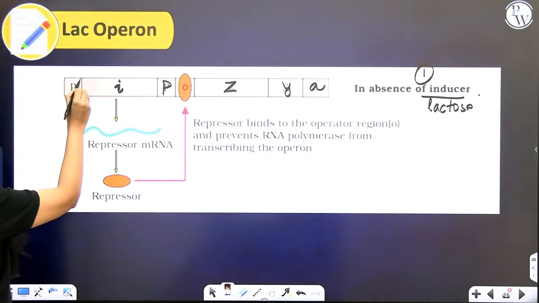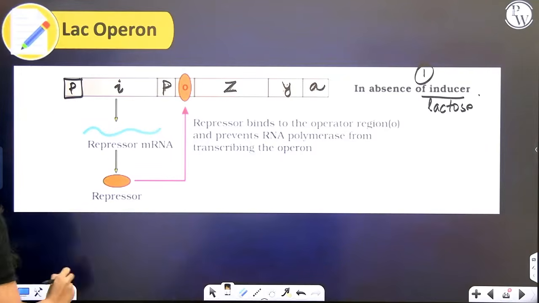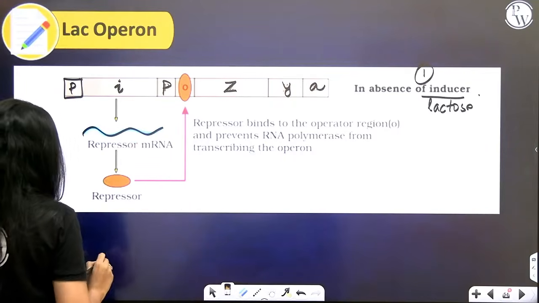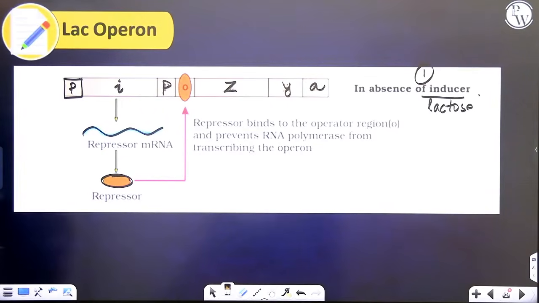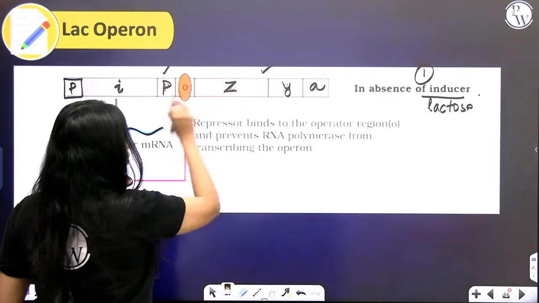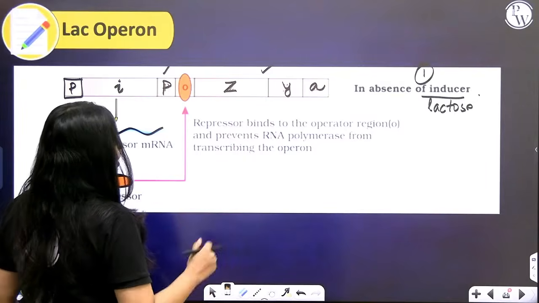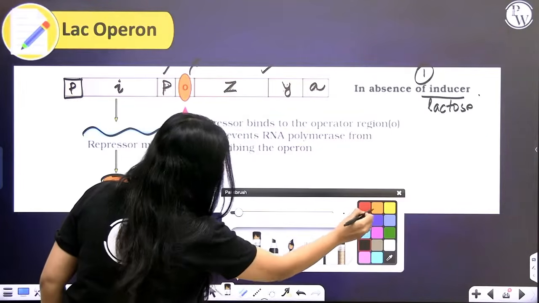This repressor gene will have its own promoter. The repressor gene will produce the repressor mRNA. This repressor mRNA will produce the repressor protein. Now, in between the promoter and the structural gene of the lac operon, you have a regulatory sequence that is called the operator.